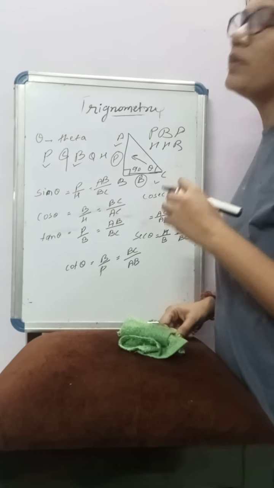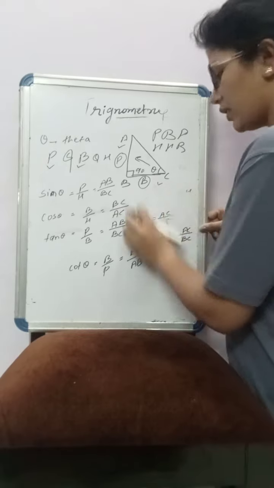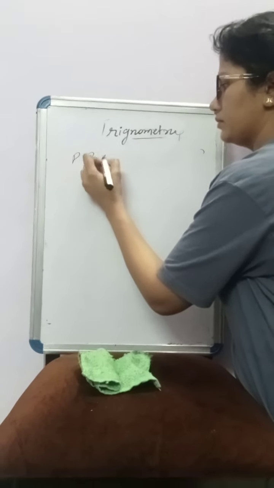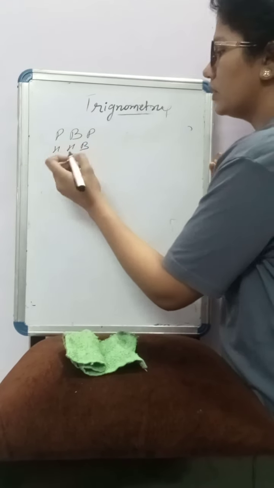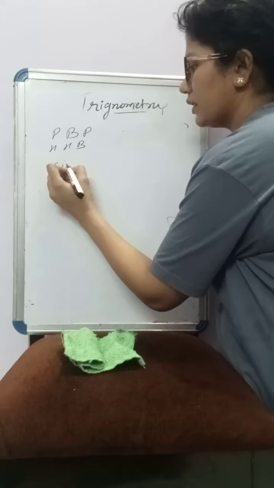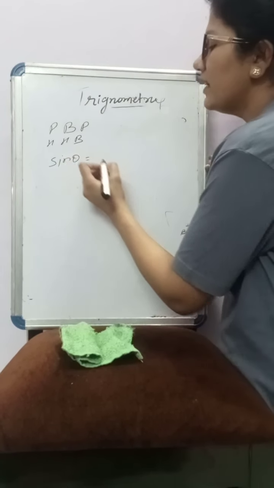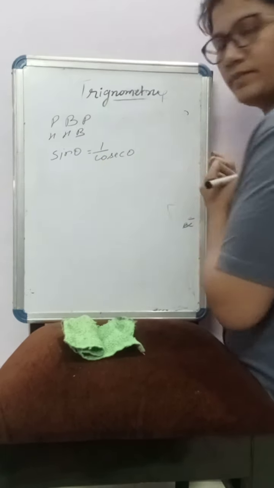Now let's talk about the identities of trigonometry. If we see the trigonometric identities, then sin theta is basically 1 upon cosec theta.